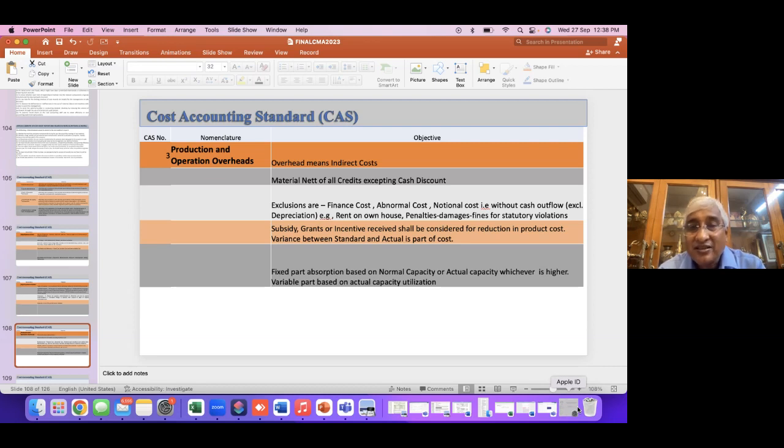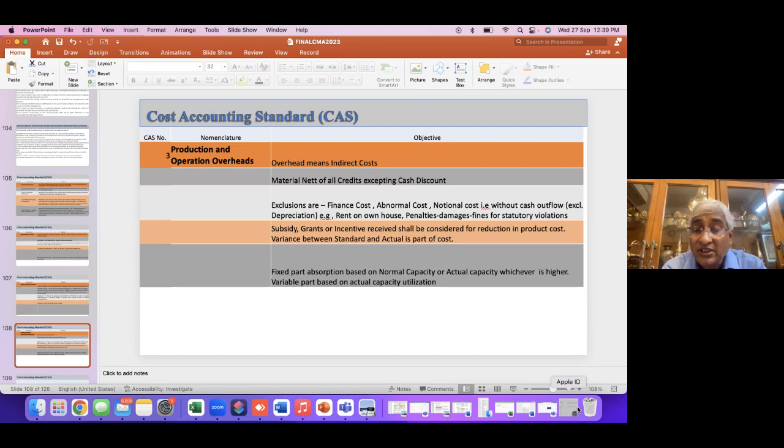Subsidy, grants, incentive received shall be considered for reduction in product cost. Variance between standard and actual is part of cost. Fixed part absorption is based on normal capacity or actual capacity, whichever is higher. Variable part is based on actual capacity utilization.